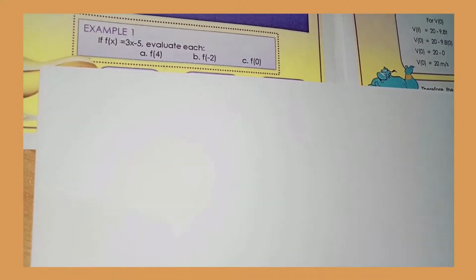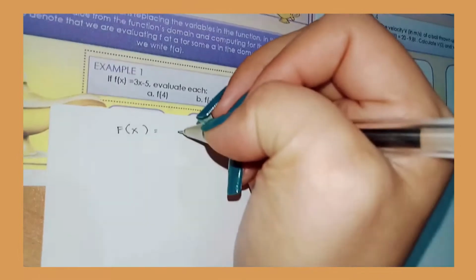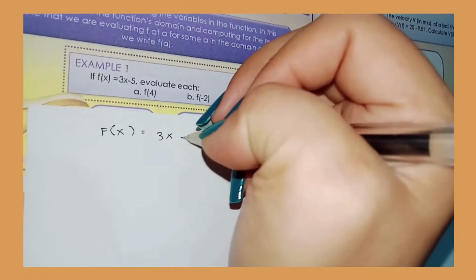Example number 1, if f of x is equal to 3x minus 5, so we need to evaluate each. For letter A, f of 4. For letter B, f of negative 2. And for letter C, f of 0. So first thing to do, we need to copy the given equation, which is f of x is equal to 3x minus 5.